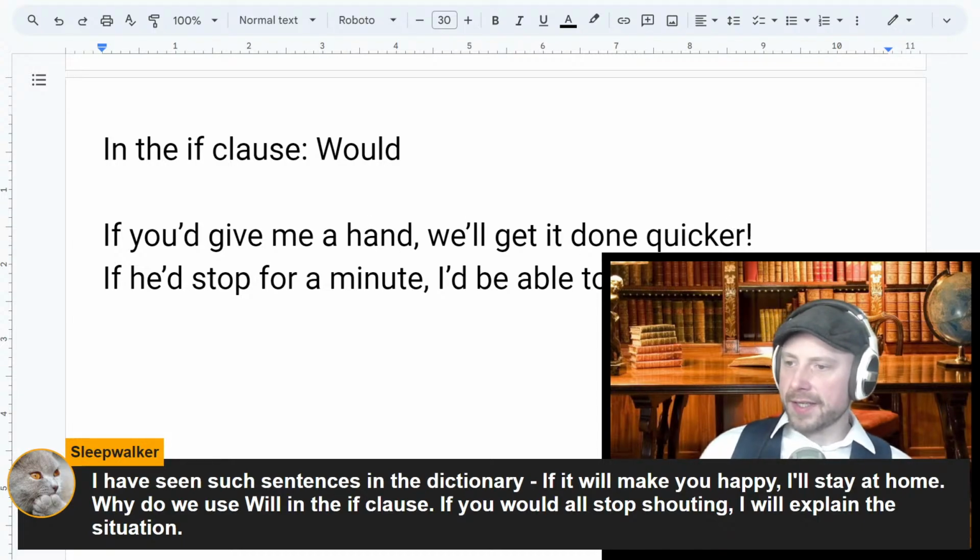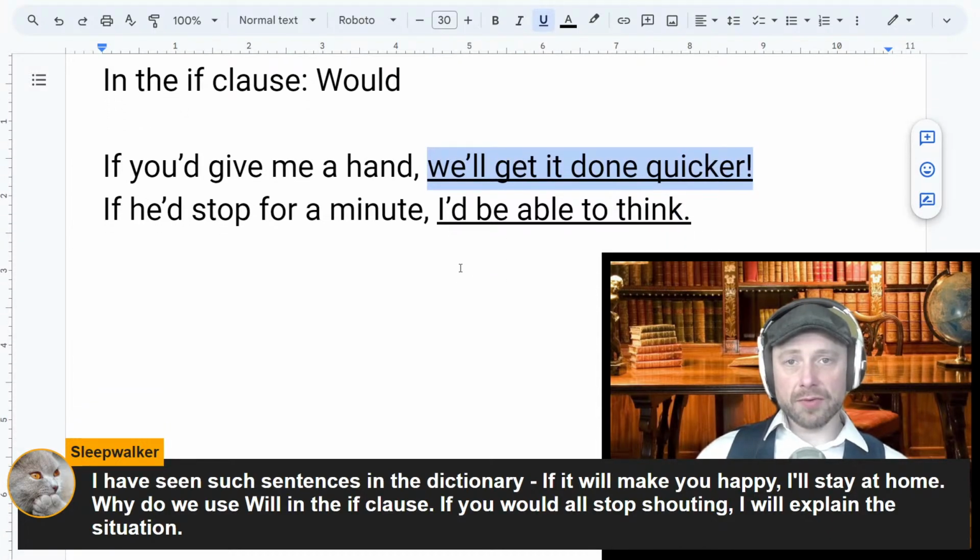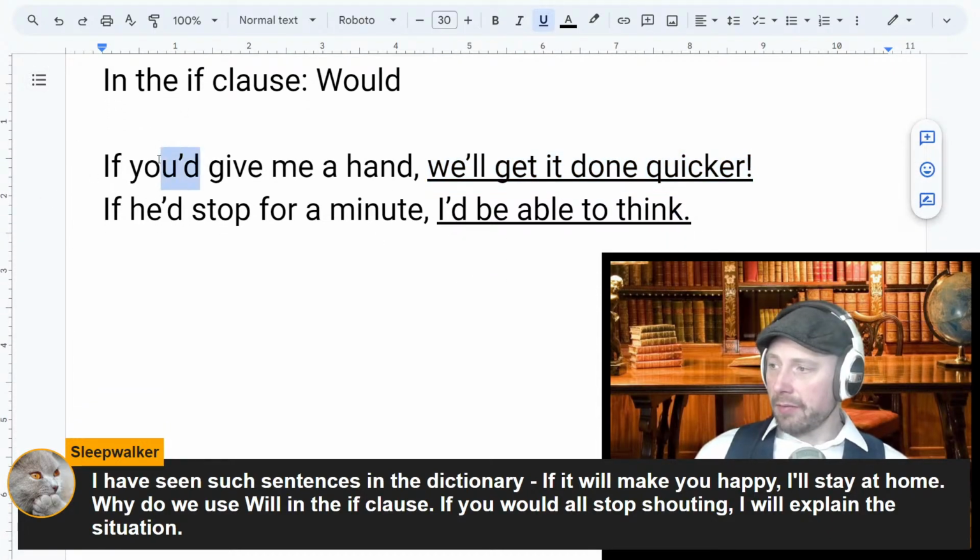So you can notice that we can actually use the second conditional or the first conditional with this form, where the contraction here actually means would.